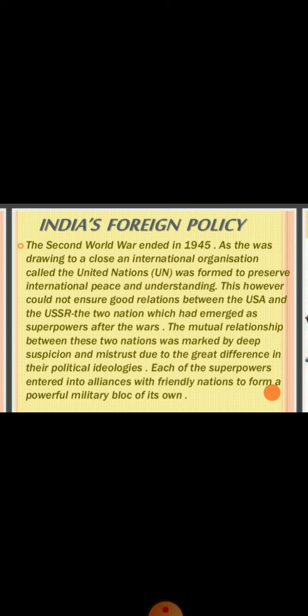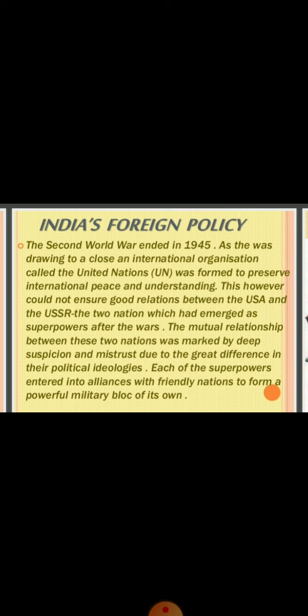This, however, could not ensure good relations between the USA and the USSR. These two nations were trying to become the superpower after both the world wars. The mutual relationship between these two nations was marked by deep suspicion and mistrust due to great differences in their political ideologies.